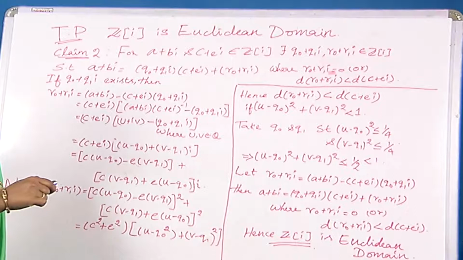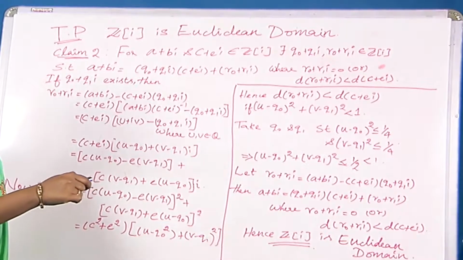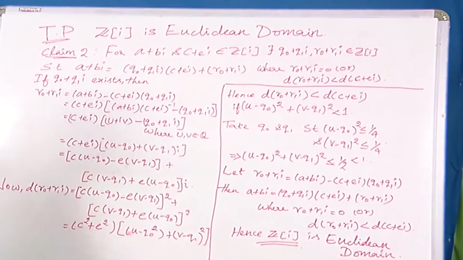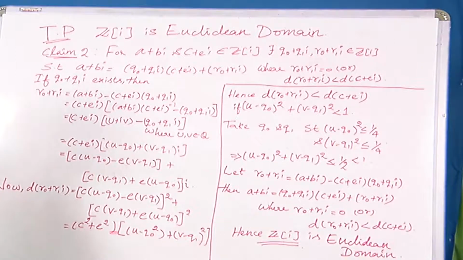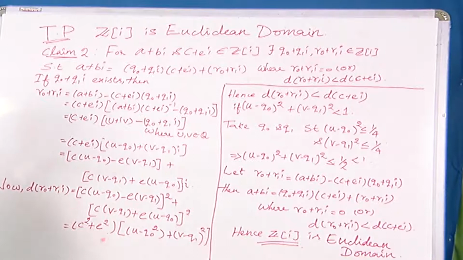That is our aim here. We can see that in the claim itself we have said that this was our aim. But in order for this particular statement to be true, you have to have that this statement is less than 1. You can see that d of r naught plus r1 I is equal to c squared plus e squared times this term.